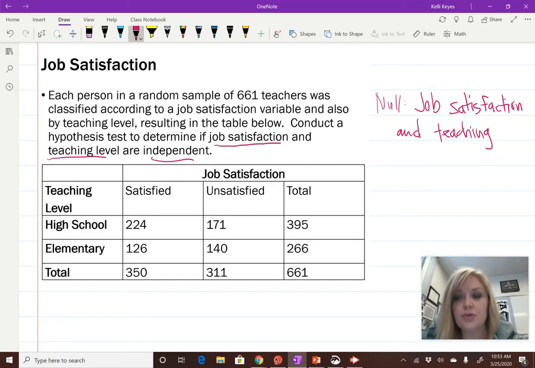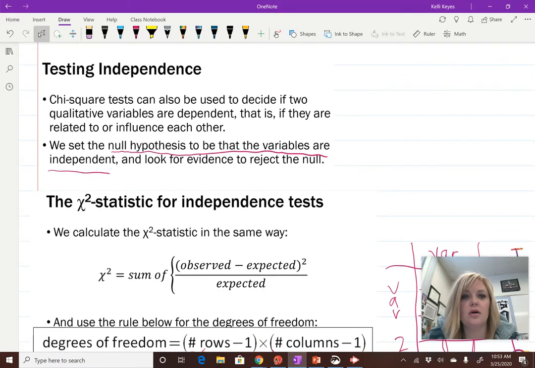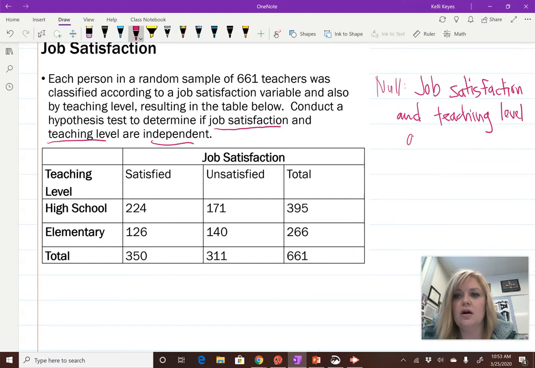So whatever the two variables are, which these are the two variables that we're looking at, what's the null always going to be? The null is always going to be that they're independent of each other, okay? Teaching level are independent.